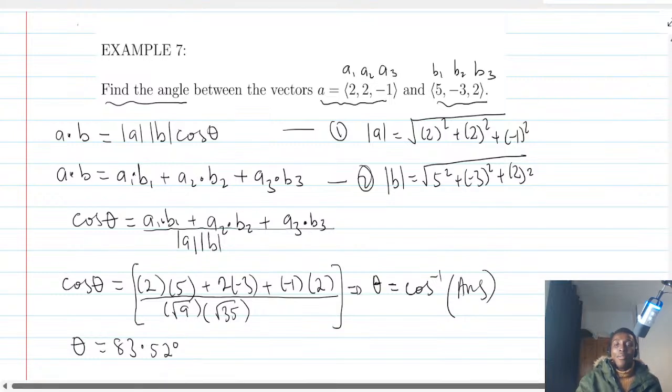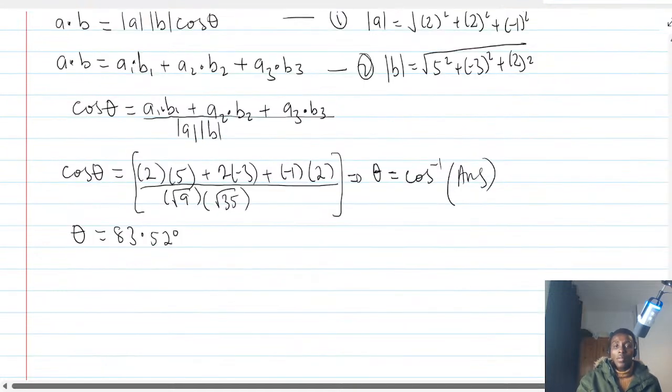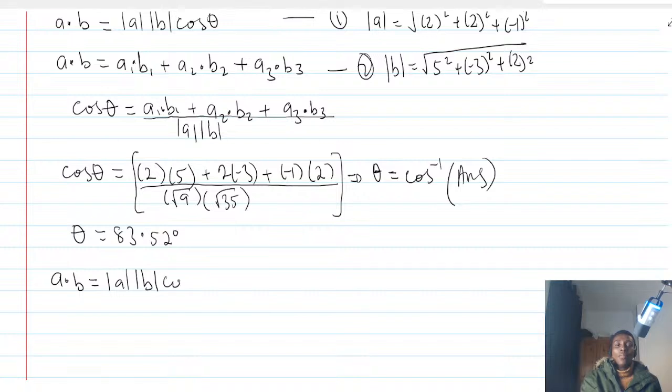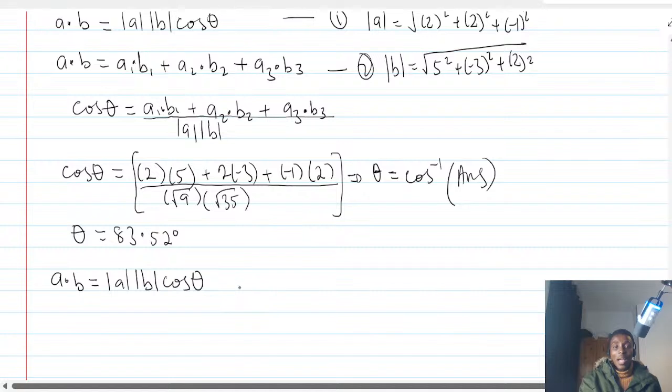Whenever I have the dot product, A dot B, it can be written as what? A multiplied by B cos theta. Which means that if theta is 90, then cos 90 will be what? 0.